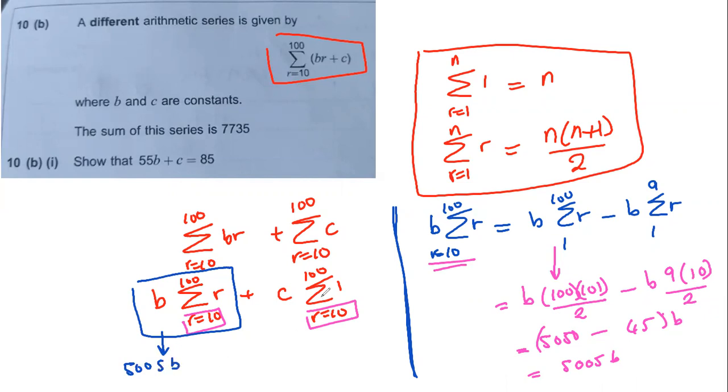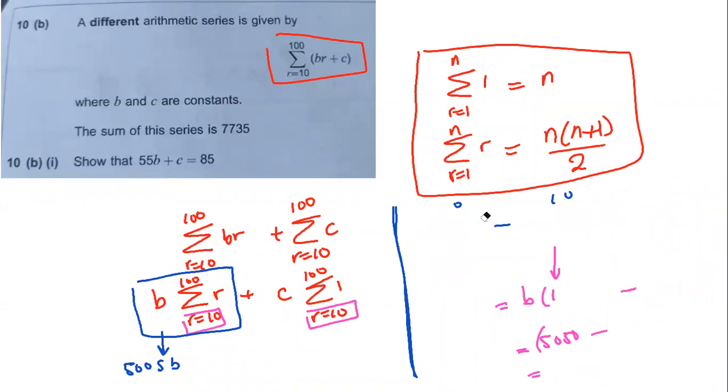So this summarizes into 5,005b. Now, how about the second expression, c into the summation of 1 from 10 to 100? Well, I'm going to do the same thing. So let me just erase the side working here to make some space. Please bear with me. Now I'll switch color here.